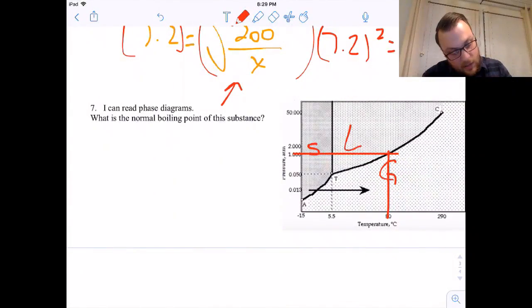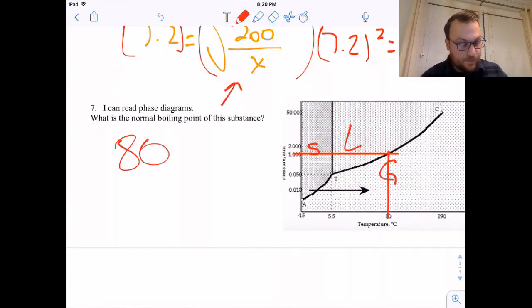Thank you, Owen. Appreciate you catching that. So I wanted the normal boiling point. I looked at where it crossed here, which is solid to liquid, instead of liquid to gas, which, believe it or not, is what boiling is. It's all right. We all make mistakes. Degrees C.